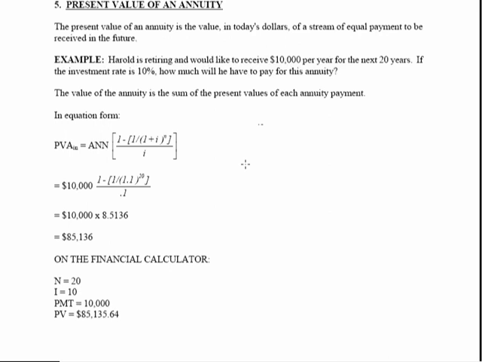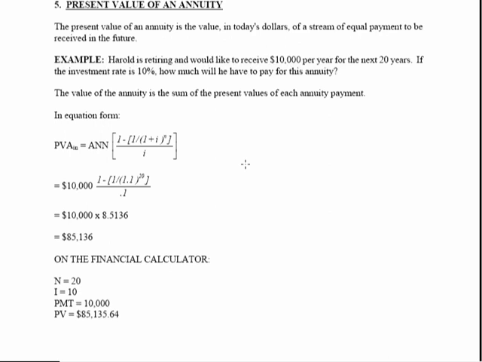So the value of the annuity is the sum of the present value of each of the annuity payments. So what we're going to do is basically discount each of those payments. 20 payments of $10,000 per year over 20 years. Discount each one of those back to present value at a 10% discount rate. So we're discounting now. Now, with a present value of an annuity formula, we don't have to discount each of the $10,000 payments back individually.